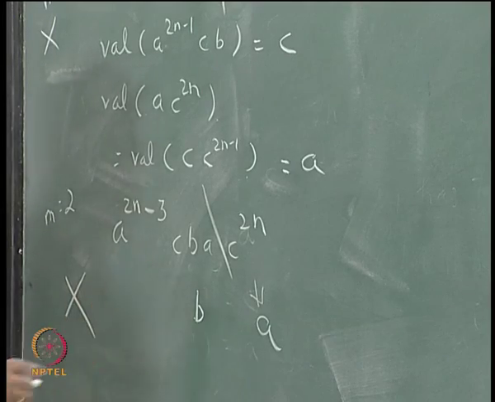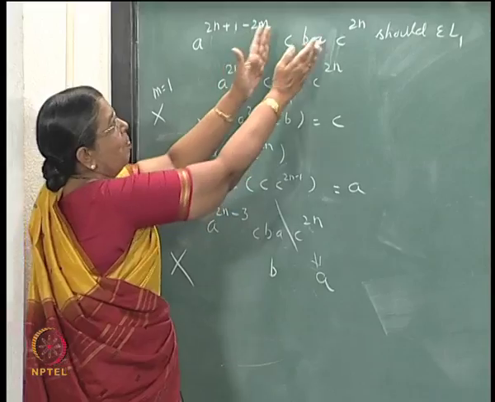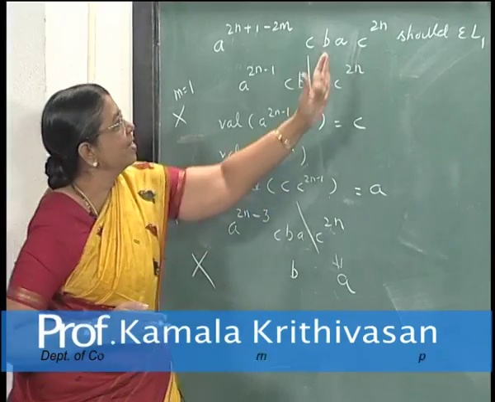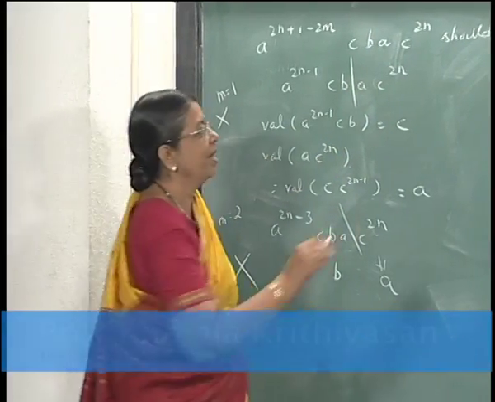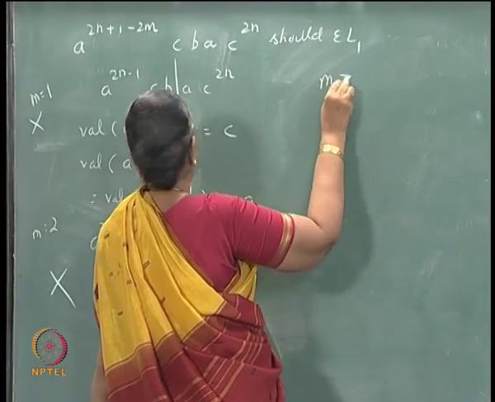Then see the split, if it occurs within this portion, you have to be careful. If the split is going to occur in the C, we have to consider separately. So, the rest of the cases, m greater than 2.